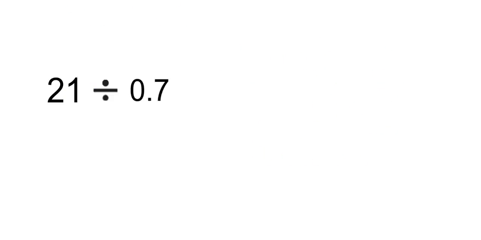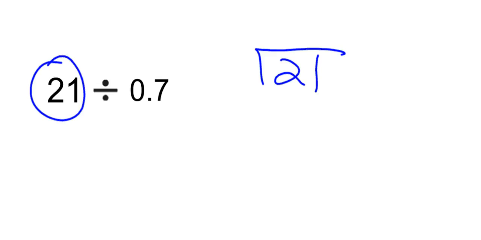One more. Let's do one more together. What happens when we get this situation? Where is the decimal? I'm looking at 21 and I don't see a decimal anywhere. This is how I'm going to write the problem. If I'm going to move it on the outside, where is it to move?